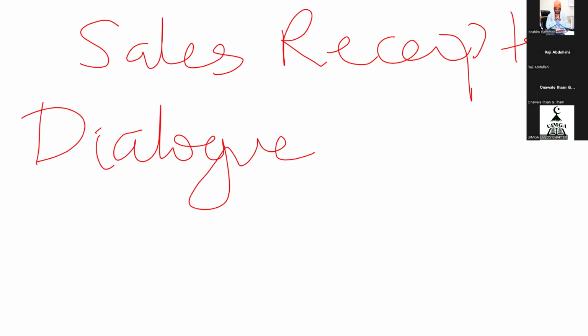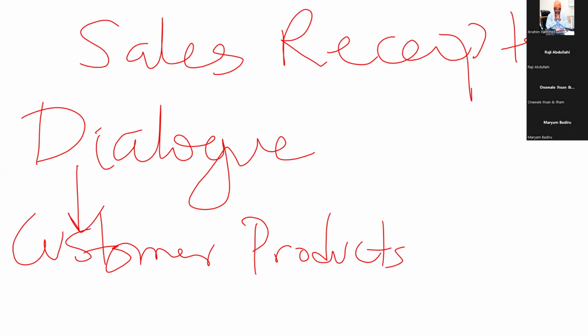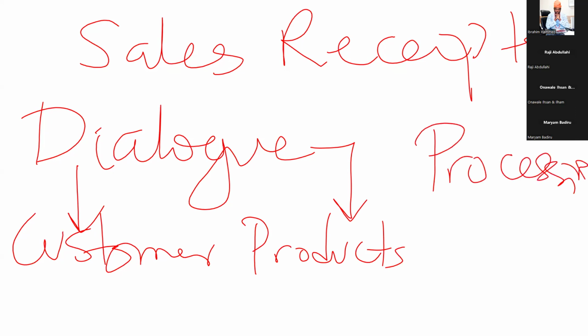Some questions will relate to the customer, and some will relate to the product to be bought. And once that part is sorted out, we will leave the dialogue part and go into the processing part.